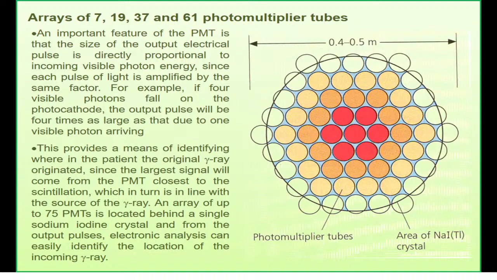An array of up to 75 PMTs is located behind a single sodium iodide crystal, and from the output pulses, electronic analysis can easily identify the location of the incoming gamma ray.